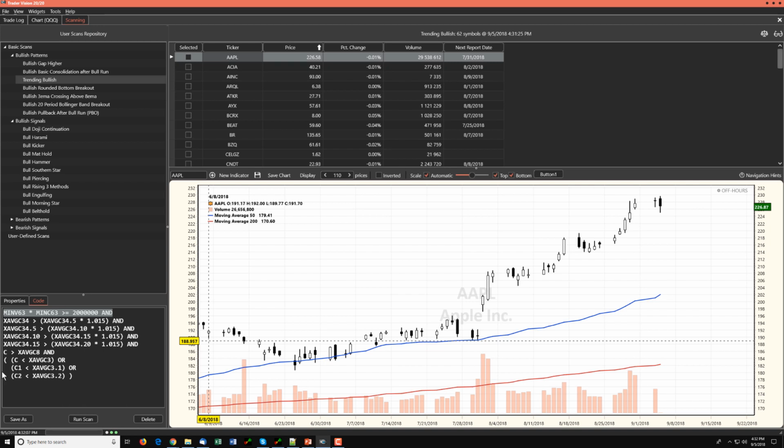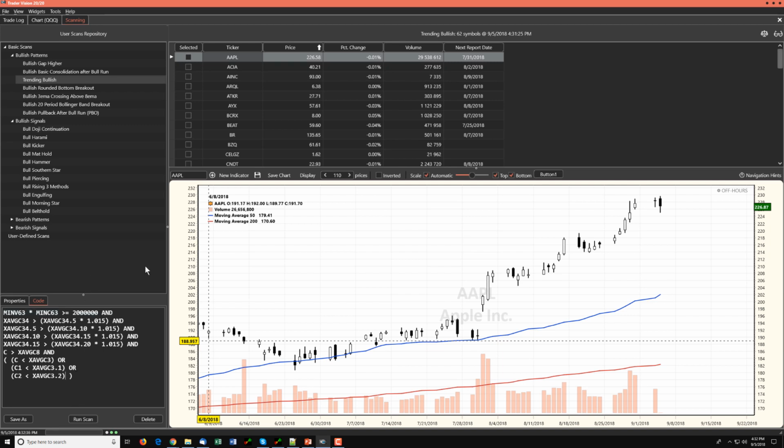I want the product of multiplying those together to be greater than or equal to 2 million. And what that tells me is the absolute minimum that it could have traded on any day in the last 3 months is $2 million worth of stock. And that puts it, with my position size, in a comfortable range where I can get in and out with a $10,000 position and not have to worry about moving things against myself.